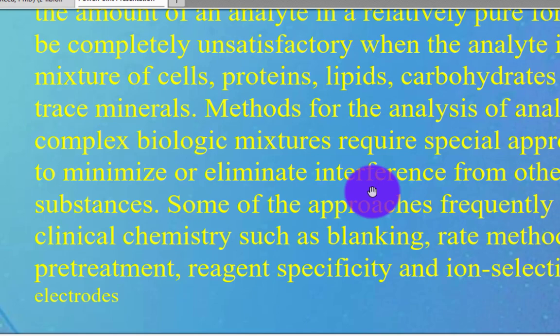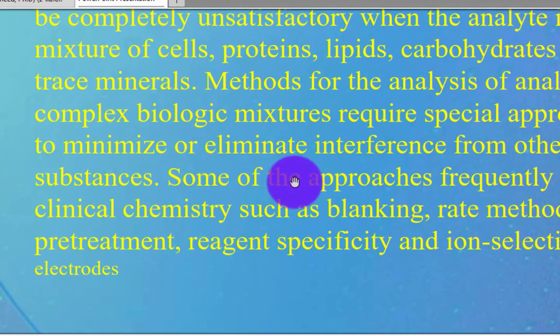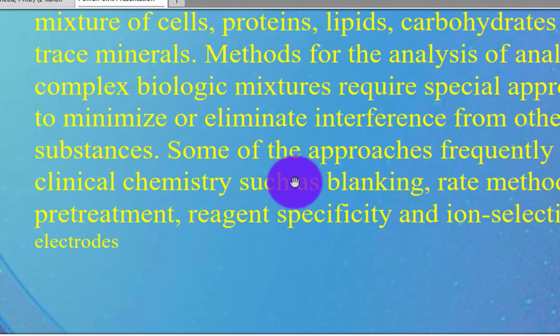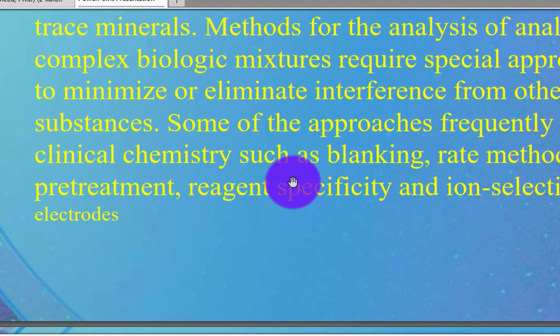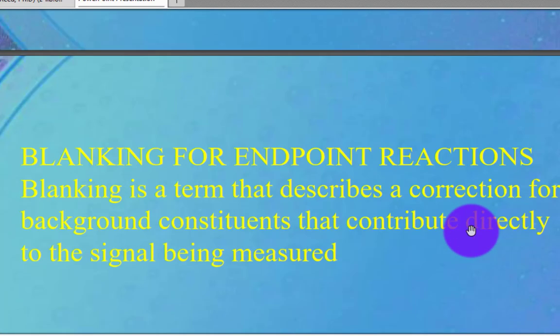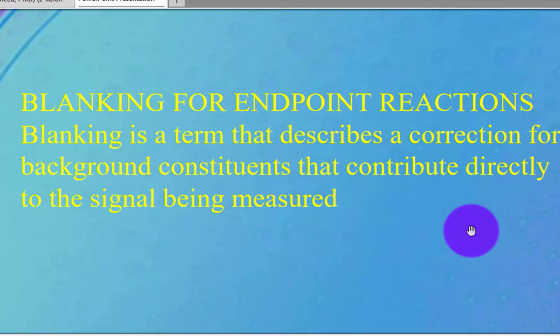Methods for analysis of an analyte in a complex biological mixture require special approaches to minimize or eliminate interference from other substances. Some of the approaches frequently used in clinical chemistry are blanking, rate methods, pre-treatment, reagent specificity, and ion-selective electrodes. Blanking for endpoint reaction.